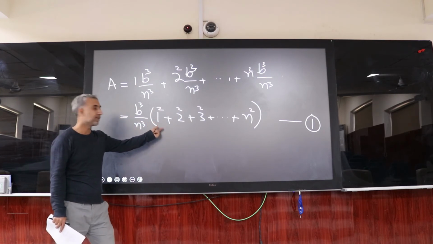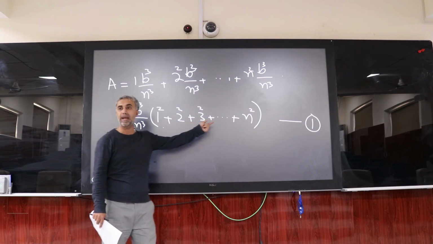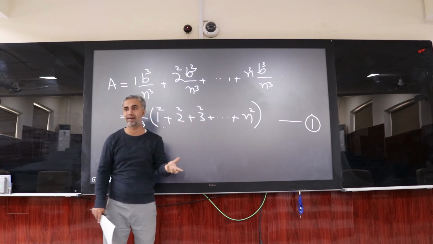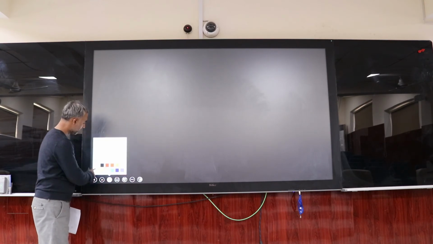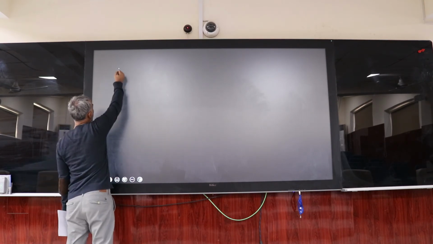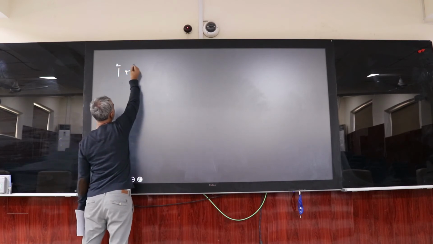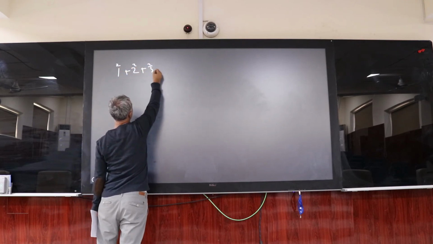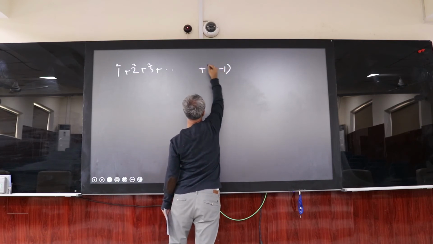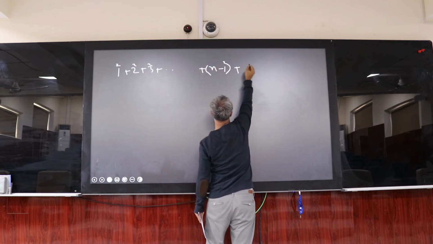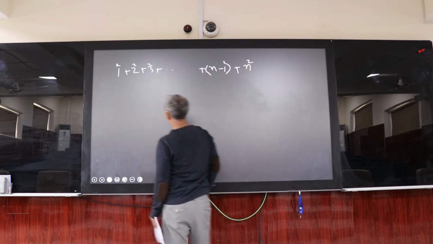This is a 1 scale, this is a 2 scale, this is a 3 scale, this is an n scale. Let's write 1 scale plus 2 scale plus 3 scale, plus n minus 1 scale plus n scale.